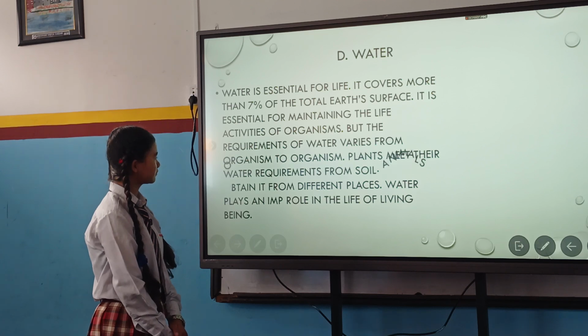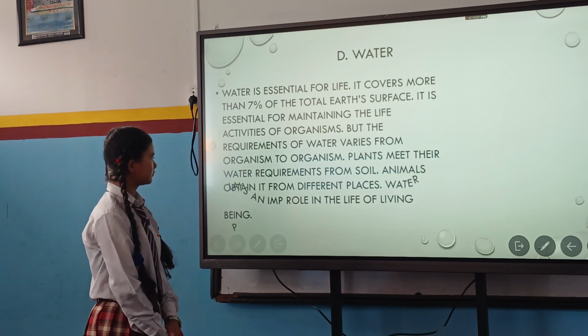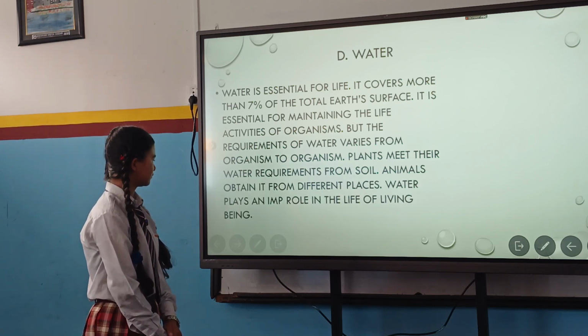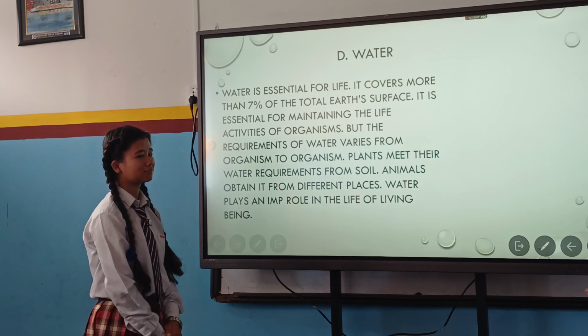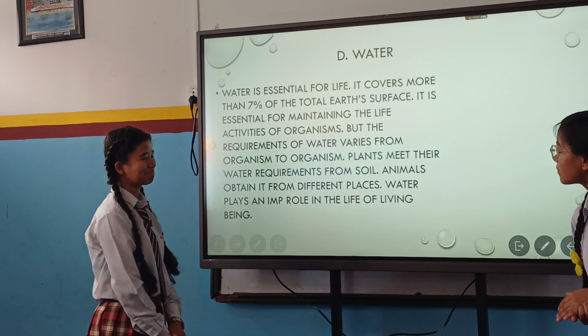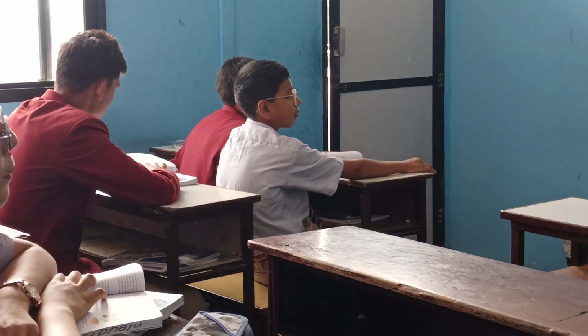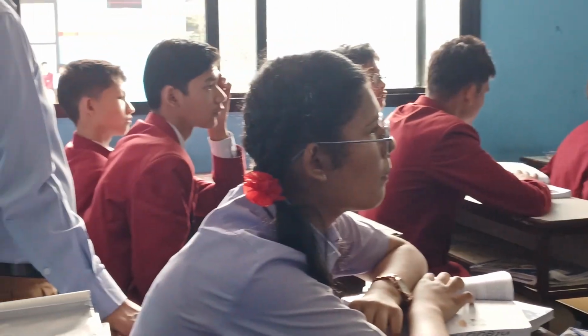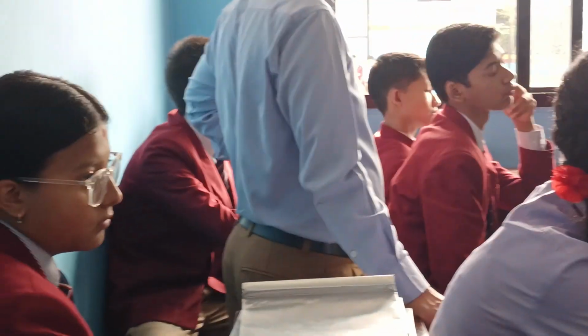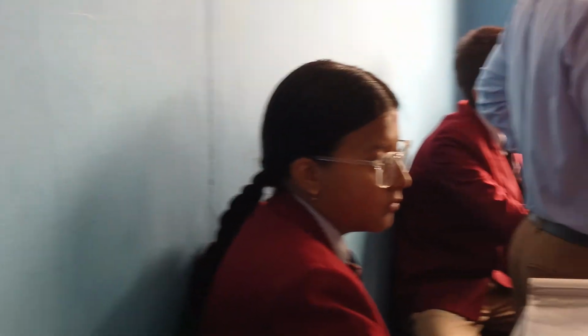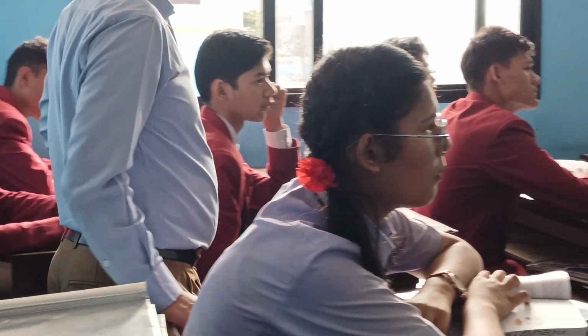That means different animals need different quantities of water, and animals obtain it from different places. Water plays an important role in the life of living beings. That means we all know it is very important for all of our life.